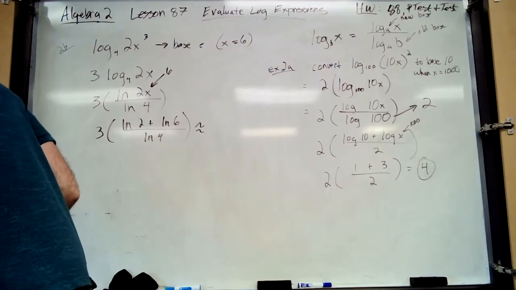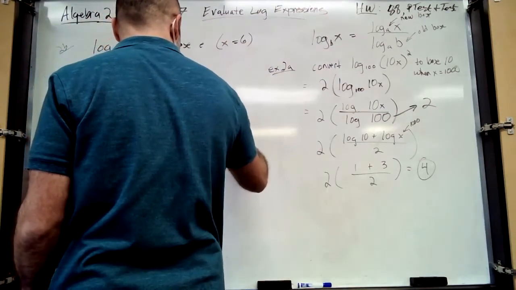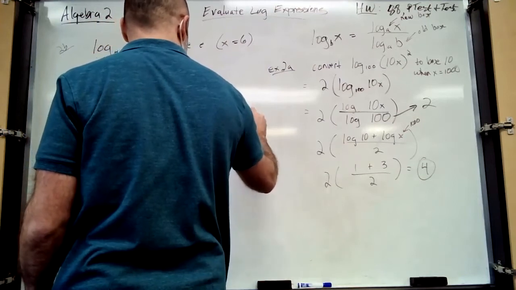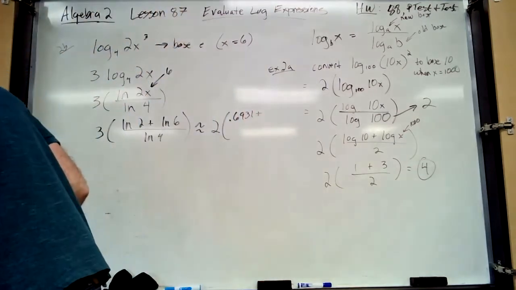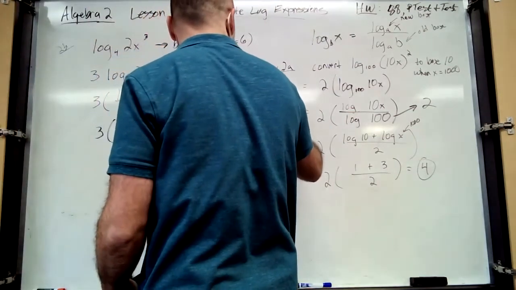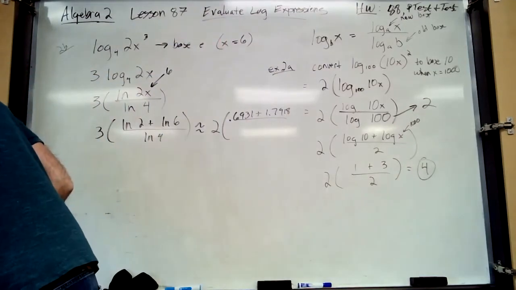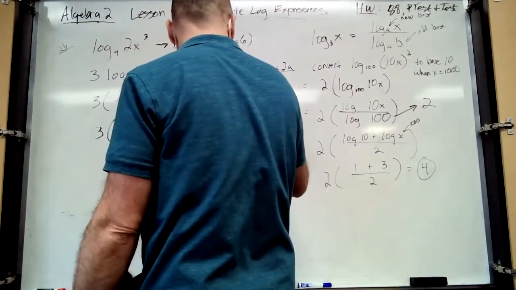when you plug natural log of 2 in, you get 0.6931. When you put natural log of 6 in, you're going to get 1.7918. All over, when you plug in natural log of 4, you get 1.3863.